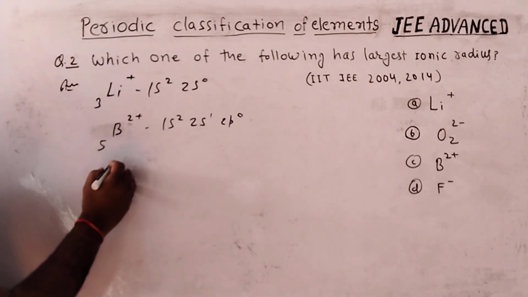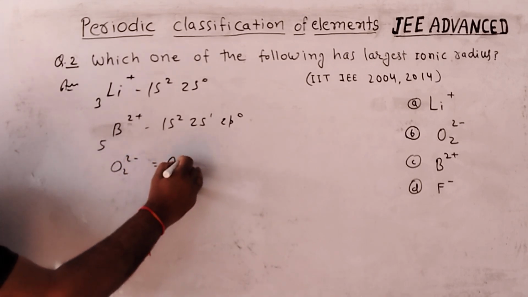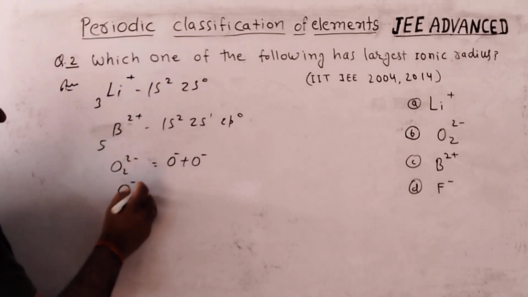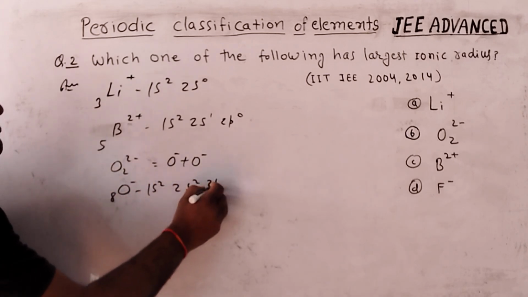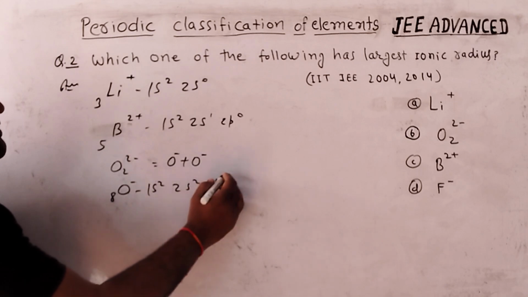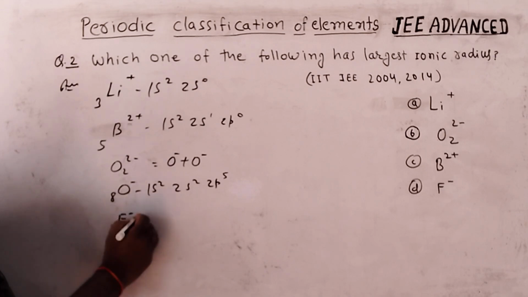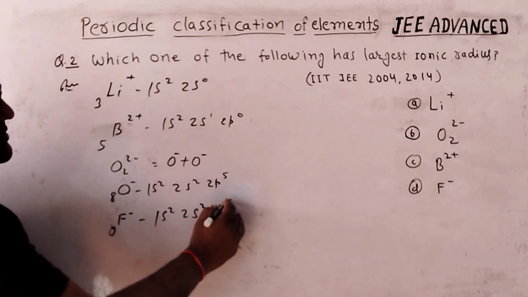Now in case of O2 double minus, means O minus plus O minus. So we can write the electronic configuration of O single minus, atomic number 8, 1s2 2s2 2p5. Okay. Now in case of fluoride, 9 plus 1 is 10 electrons, 1s2 2s2 2p6.